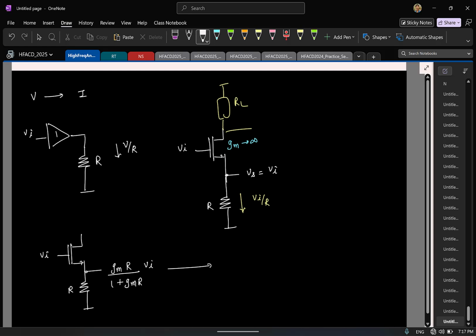If GMR is much greater than 1, how can you approximate it? Again Vi. So we are okay.